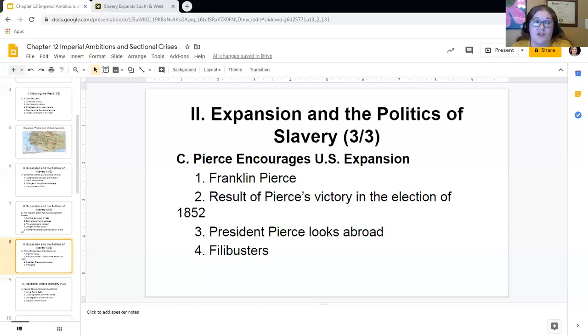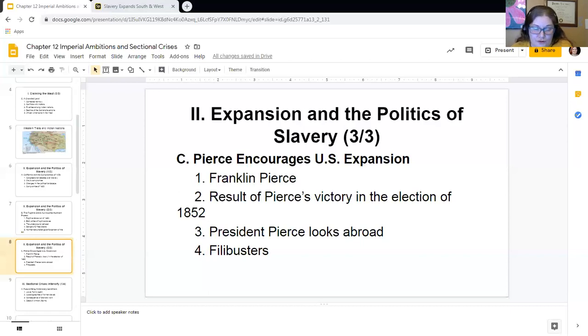Many politicians, including those in Pierce's cabinet, tried to get him to annex or bring Cuba into the United States. And they sort of justified this as what they call the Ostend Manifesto.